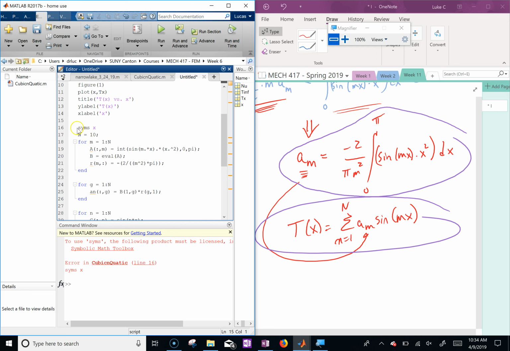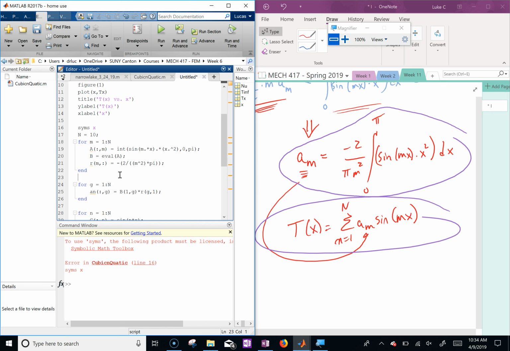So when we look at lines 16 through 22, what are we doing in lines 16 through 22? We're integrating. What are we integrating from? 0 to pi. Okay?